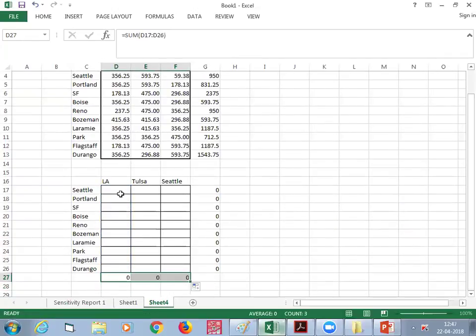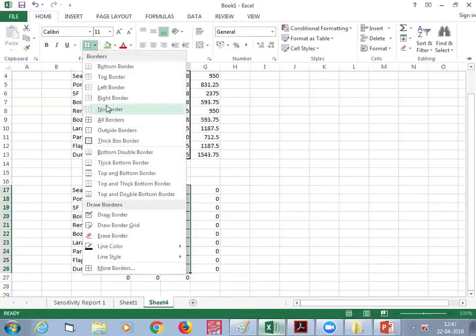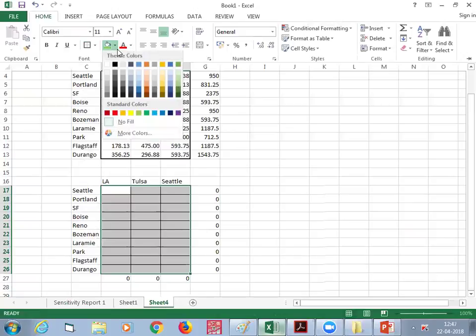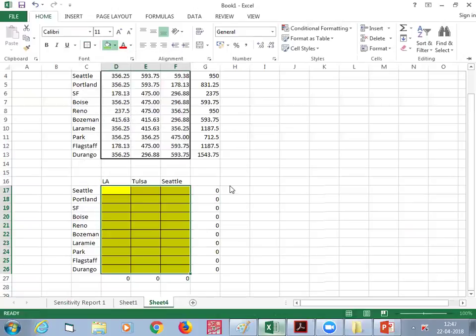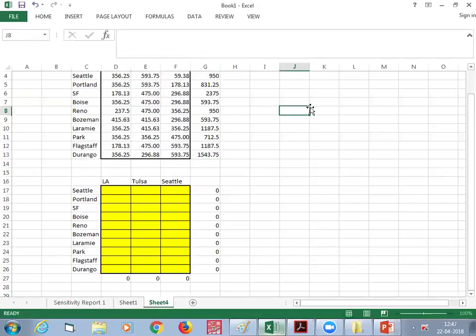Okay, that's this. And of course, we'll make it look like a real variable itself. Okay, and let's for a change write the total cost here.